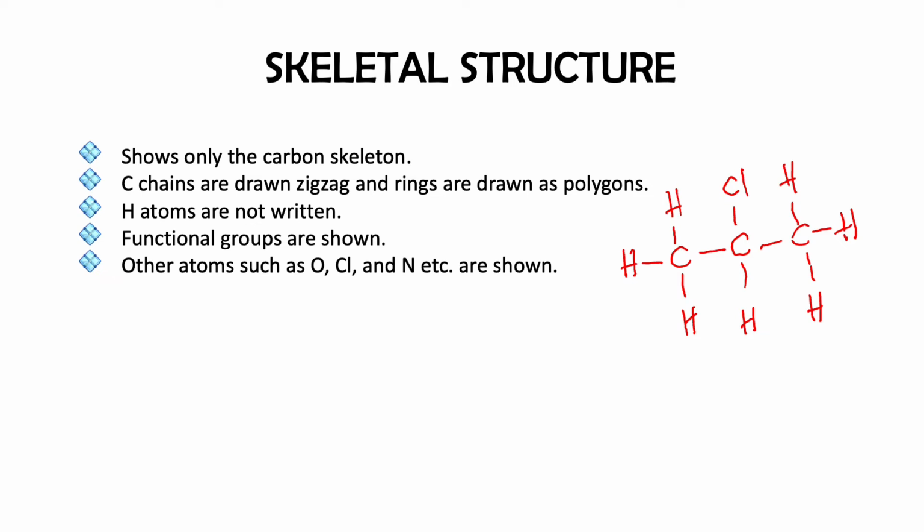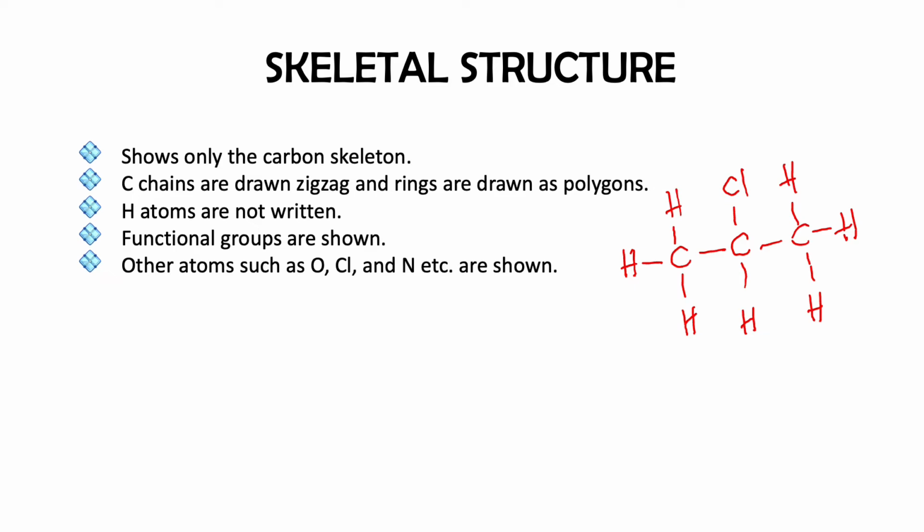Dia cakap show only the carbon skeleton, and then C chains are drawn zigzag. Madam, macam mana tu madam? Sekejap madam tunjuk. And then H atom are not written. Functional groups are shown.